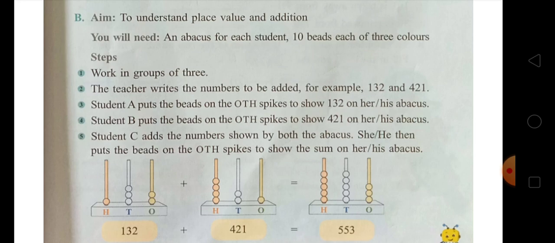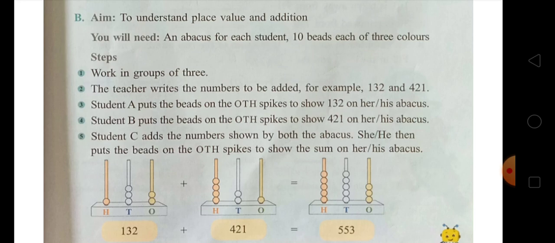Then student B puts the beads on the ones, tens and hundreds spikes to show 421 on his abacus. And after that, student C adds the numbers shown by both abacuses, then puts the beads on the ones, tens and hundreds spikes to show the sum on his abacus.